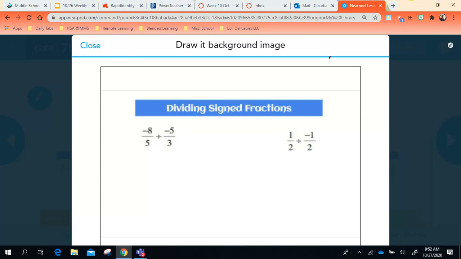So do you have to simplify it? Now, if my answer had been a negative 35 over 15, I know what number goes into both. So I'm basically going to divide by 5. What's 35 divided by 5?